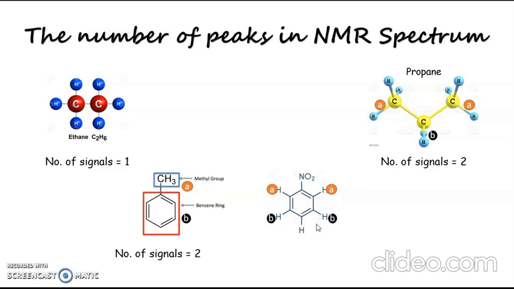Next are the meta hydrogens, which are equal, and one para hydrogen. So in nitrobenzene, we should get 3 signals. This is how the number of peaks helps us know the different kinds of protons in a molecule.